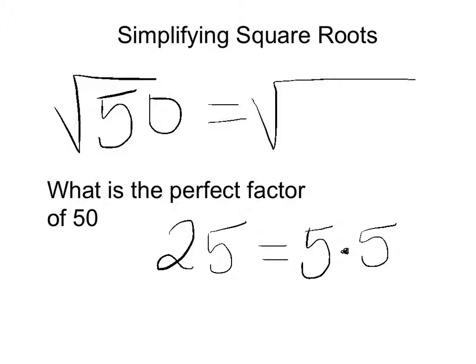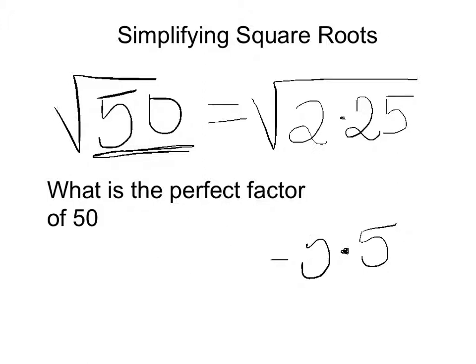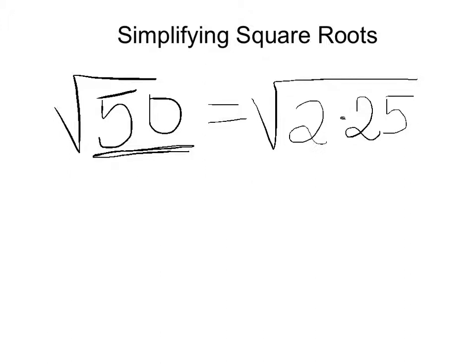What we used this for was, instead of writing 50, we wrote 50 as a factor pair of 2 times 25, and then we looked at how to solve it completely.